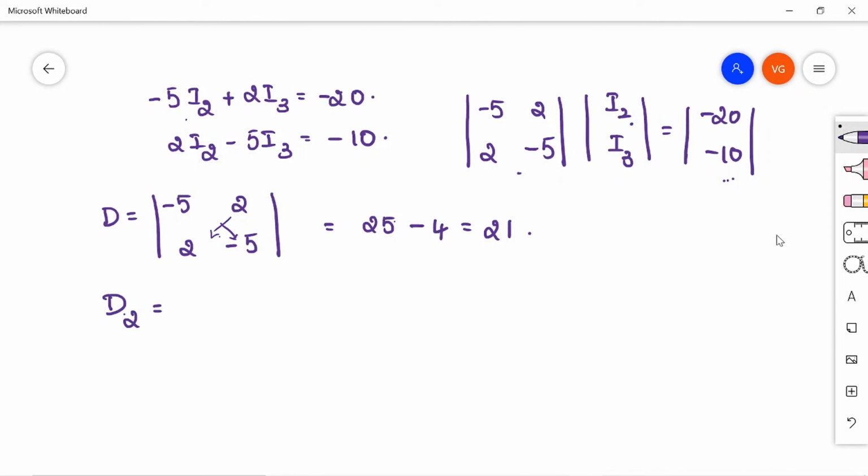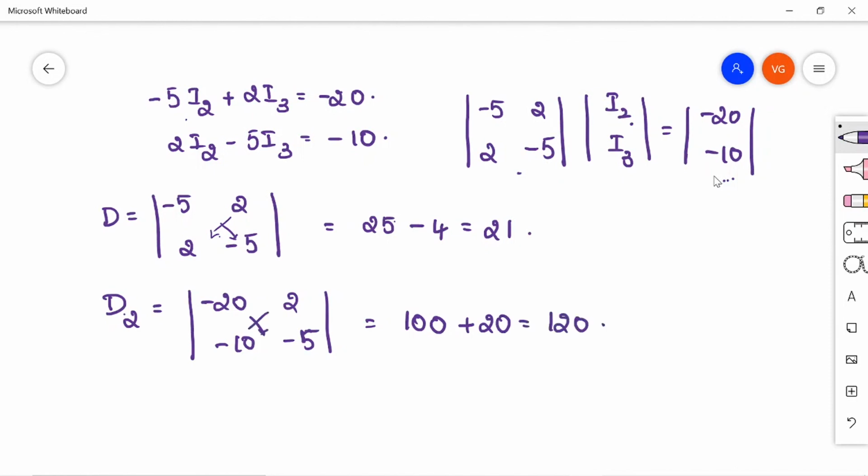D2 is nothing but you have to replace the first column with minus 20 and minus 10. So let us do that: minus 20, minus 10 and then 2, then minus 5. So simplify. This will be plus 100 plus 20, that is equal to 120 here. AD minus BC here.